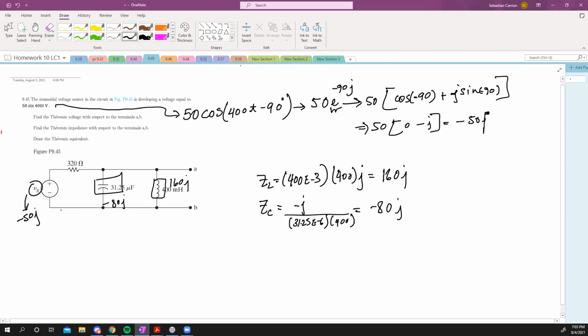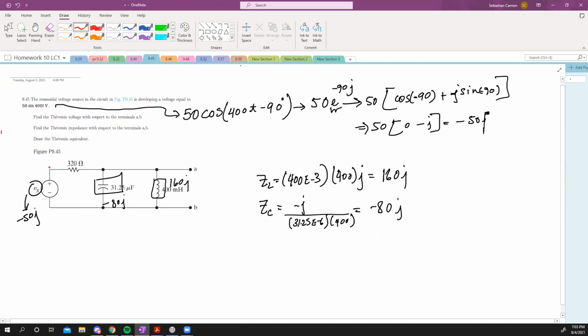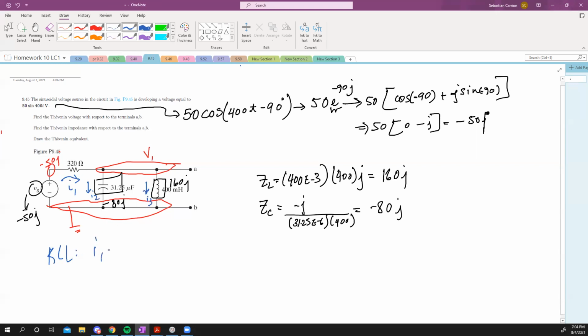So we can go ahead and label our circuit. We can call this negative 50j. Make this whole bottom portion our ground. And then we can call this V1. So I'm going to do the KCL in blue. KCL: I1, I2, I3. I1 equals I2 plus I3, and then we do the equations for components.